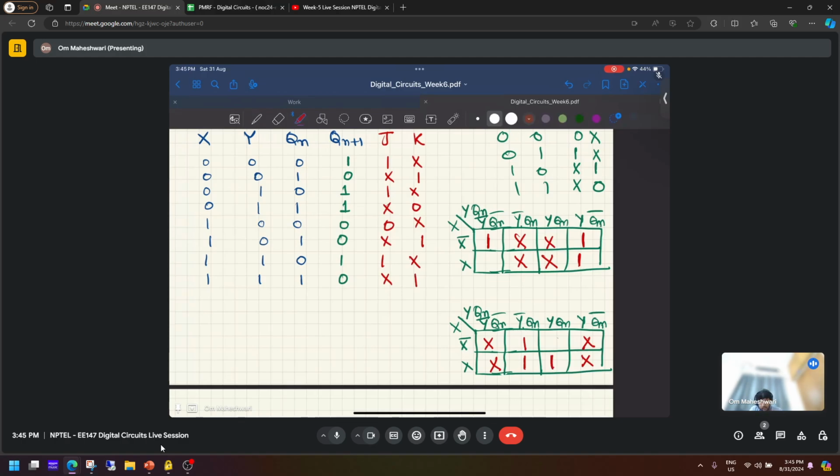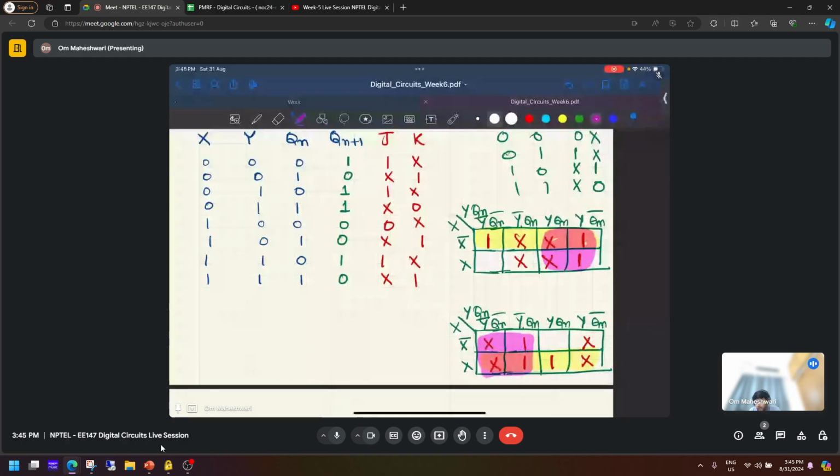So let's make pairs now. This is one pair and one quad, this is another quad. And here also, this is one quad and this is another quad.